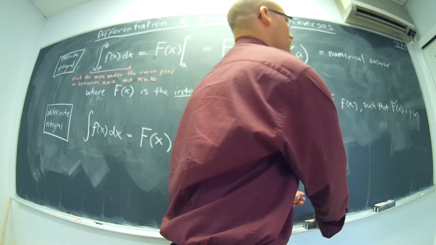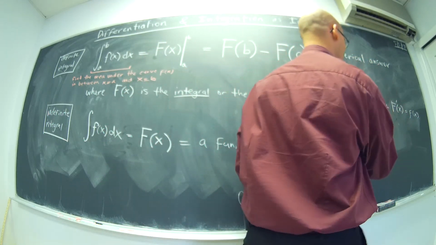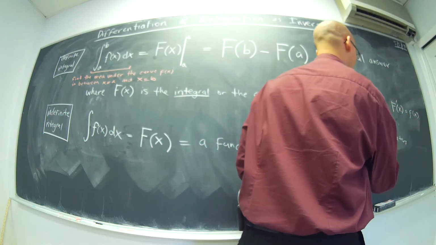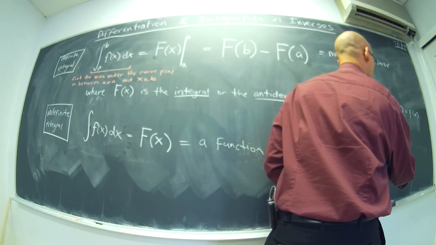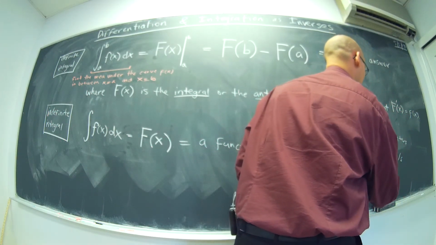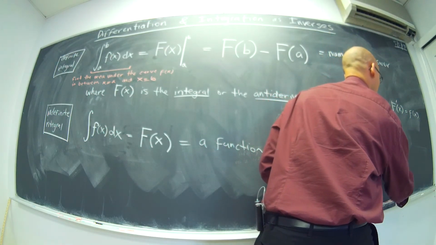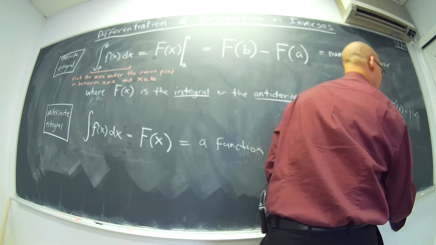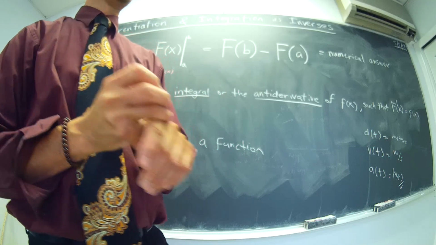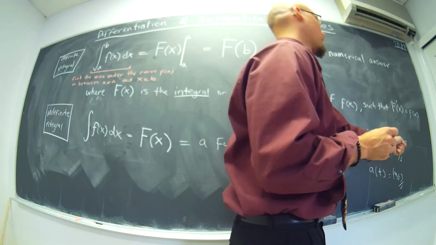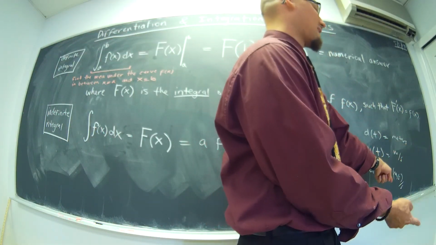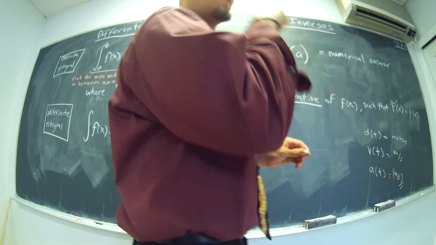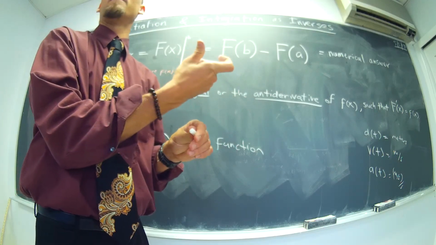Because a distance function is in meters, a velocity function is in meters per second, and an acceleration function is in meters per second squared. So rate of change, then a rate of change of a rate of change. And if we take the integral, we go backwards and we get rid of a rate of change and get how much of the thing changed.